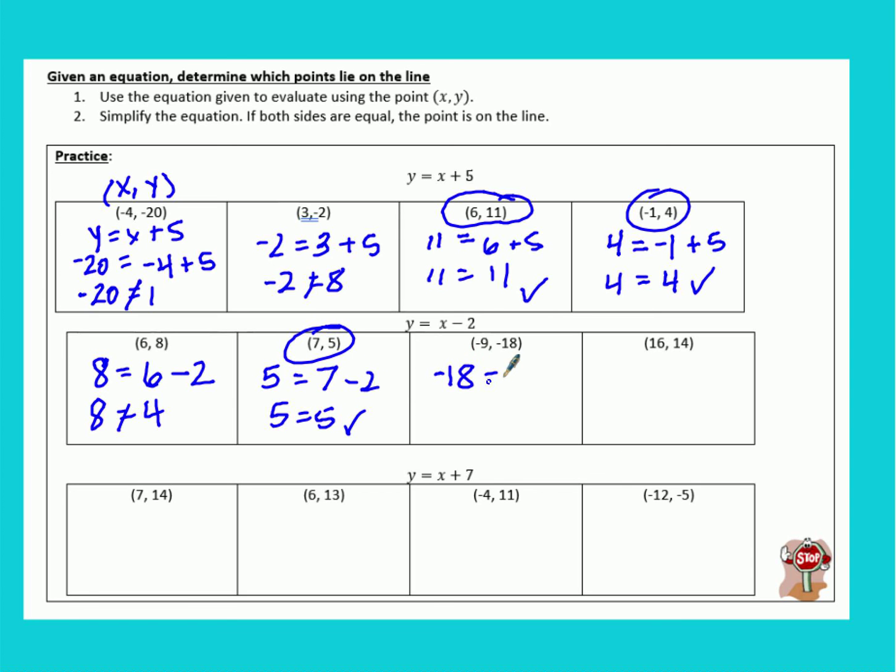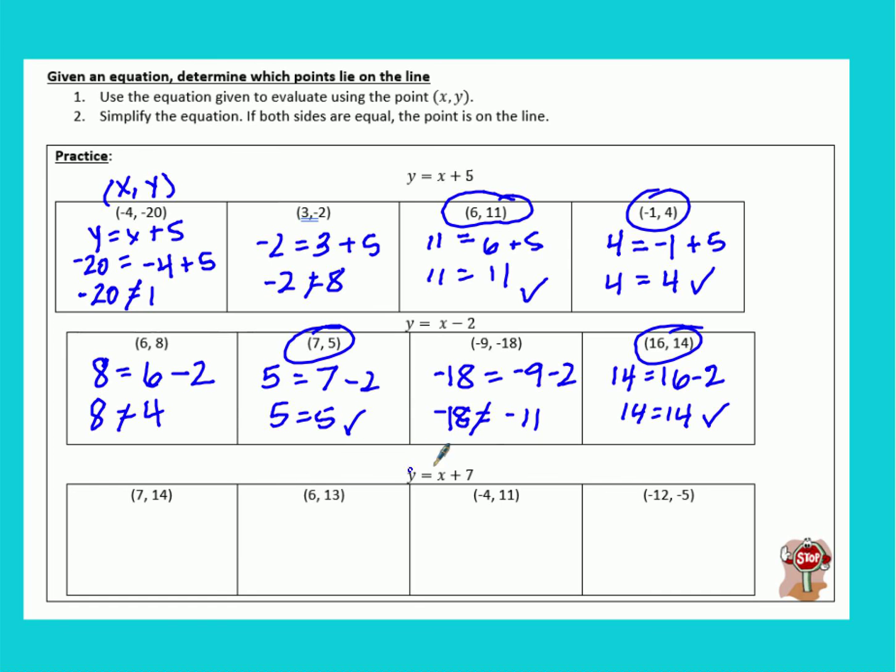In our next one, we have 18 should be equal to -9 minus 2. And -9 minus 2 is -11, so those are not equal values. That won't be on our line. And then we have 14 should be equal to 16 minus 2. And 14 does equal 14, so this one will be true and is a point on our line.